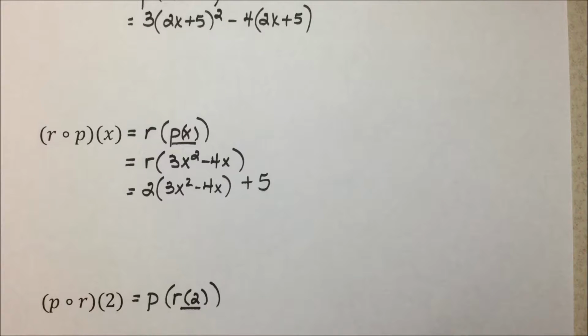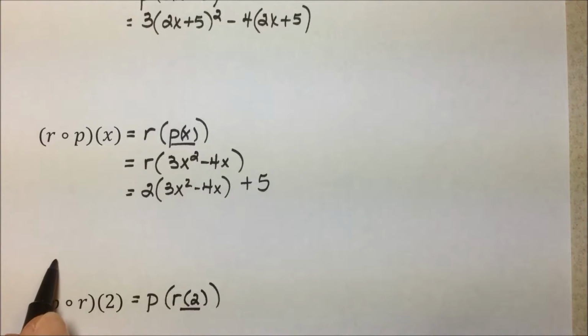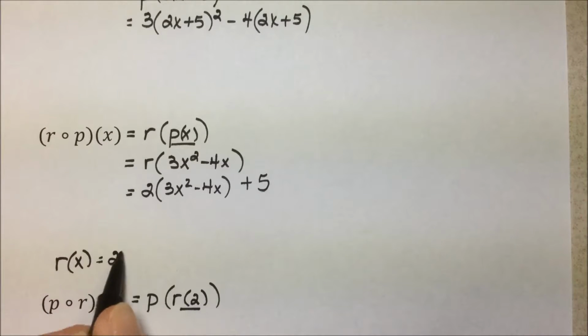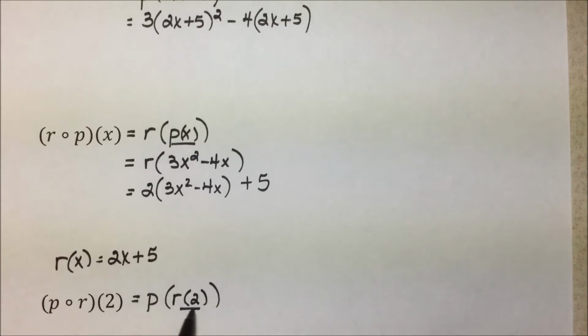Working from the inside, we want to find what r of 2 is so that we can substitute that in. Well, r of x is defined as 2x plus 5. We want to know the specifics of what this is equal to when x is 2, so we'll replace x with a 2.